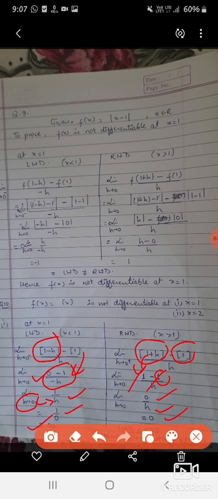So you can see your LHD is infinity and RHD is 0, which is not equal, so it is not differentiable at x equals to 1. Now how to do x equals to 2 in the second part? Like the first part I have done, wherever I have put 1, this 1 we have to replace by 2, and you have to do this second part yourself.